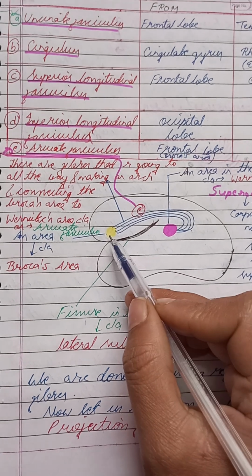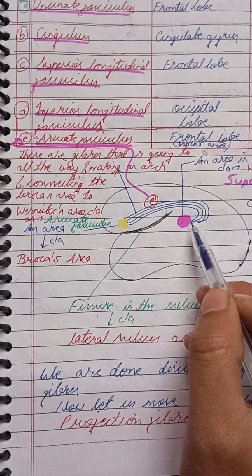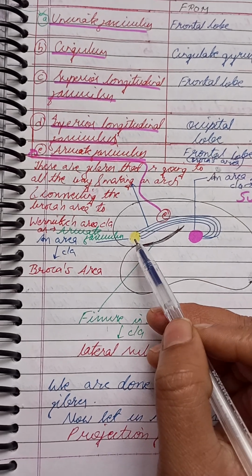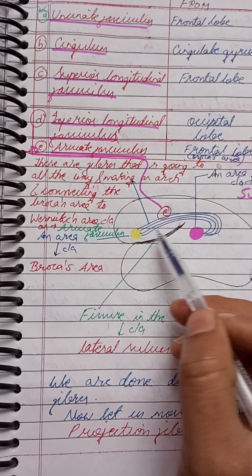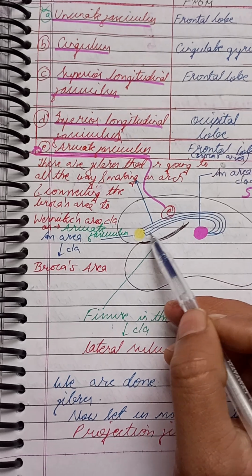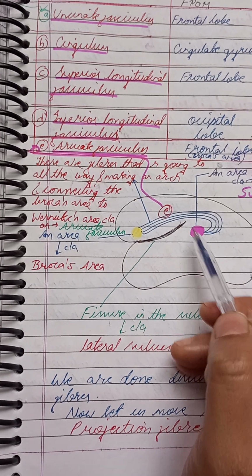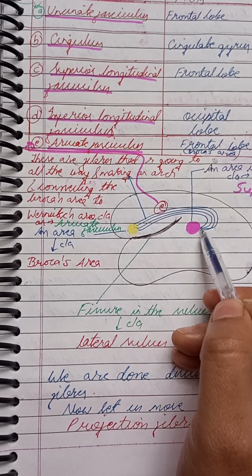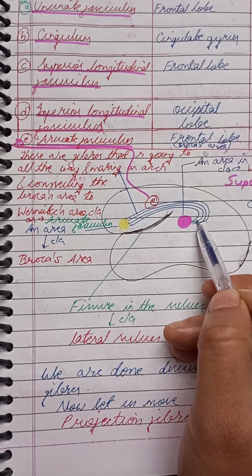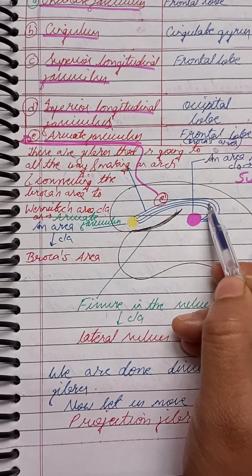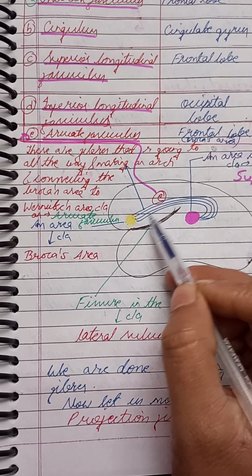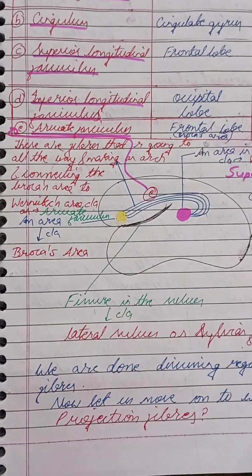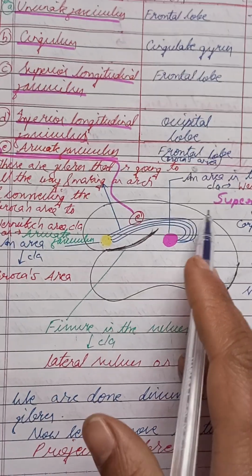There are fibers going all the way, making an arc, and connecting Broca's area to Wernicke's area. These fibers making an arc are called the arcuate fasciculus.